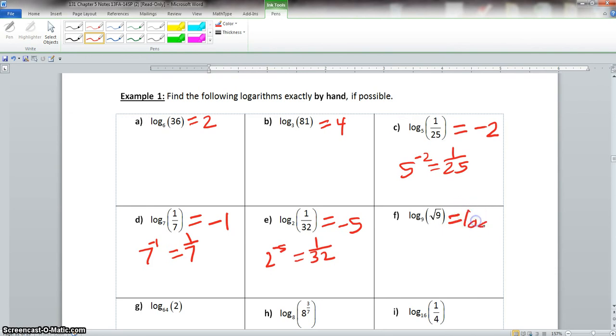We will have log base 9, and now we need to change the square root of 9 to an exponent, which would take us 9 to the 1/2 power. Now one thing I want to stress to you is whenever your base and this number here is the same, these will simplify out, and whatever is left is your final answer. So that will give you 1/2.